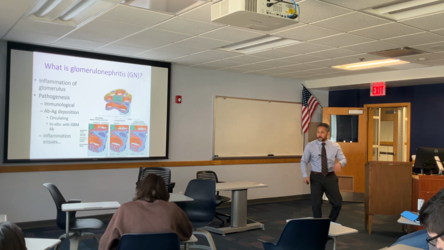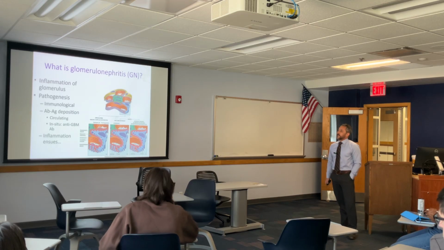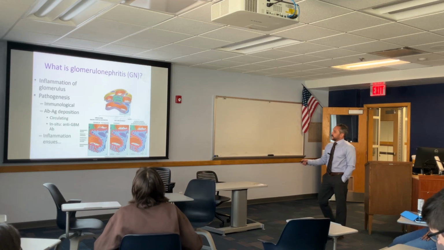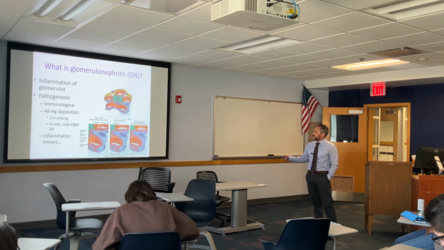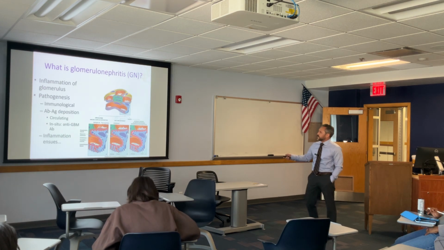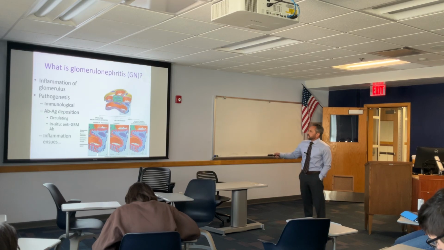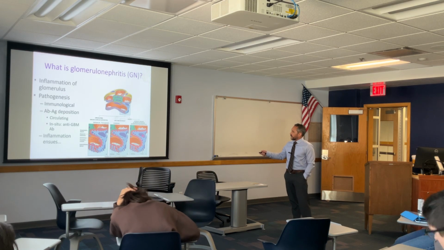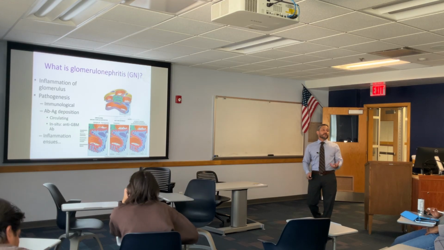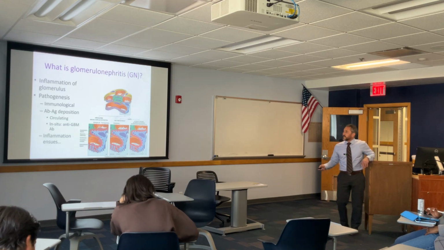We're blowing these up so that you can see them in higher magnification. The far left one is circulating, and the middle and the far right are in situ, or in location.